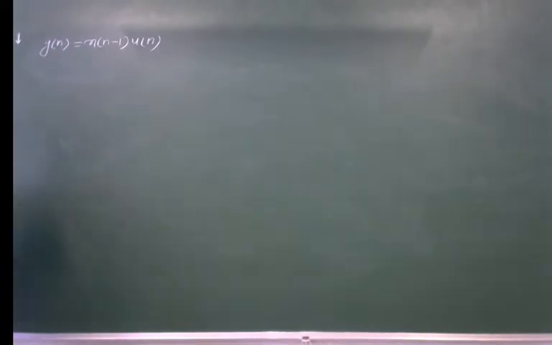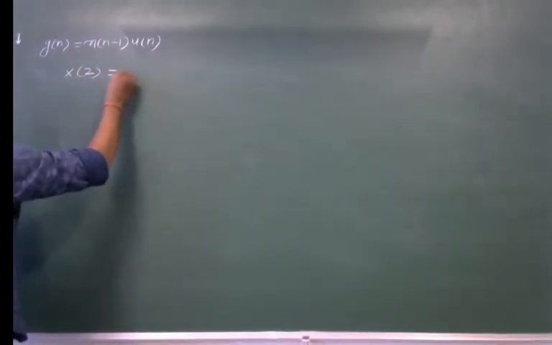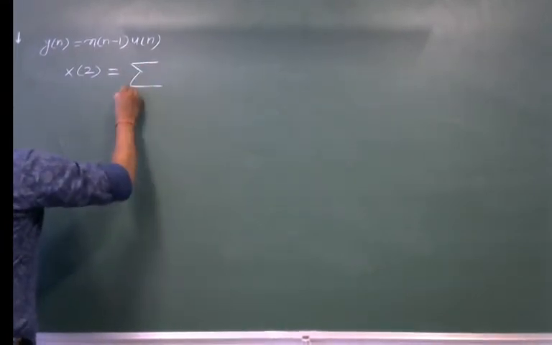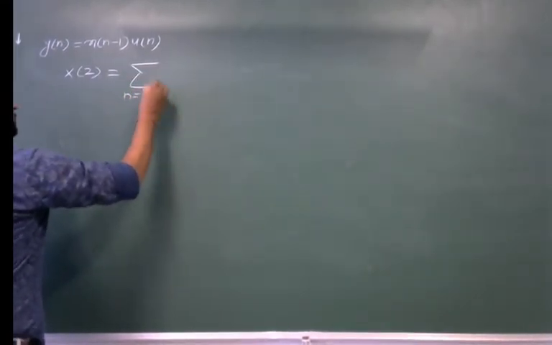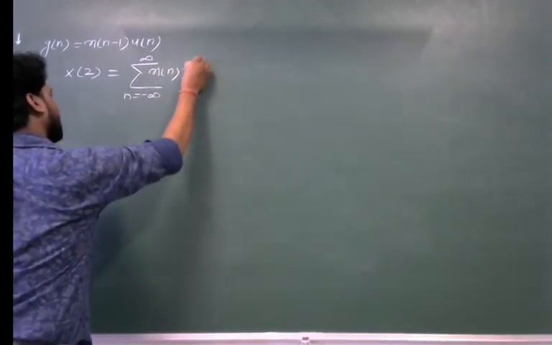Now put this given function in the formula for the z transform, which is x of z equal to sigma n from minus infinite to plus infinite x of n into z power minus n.